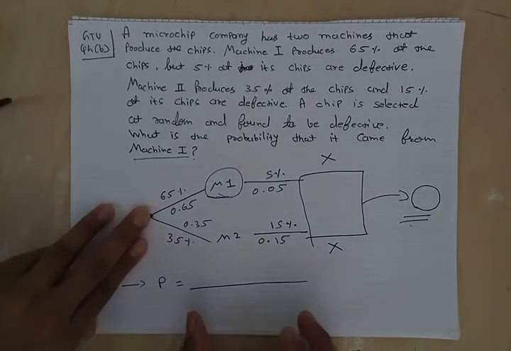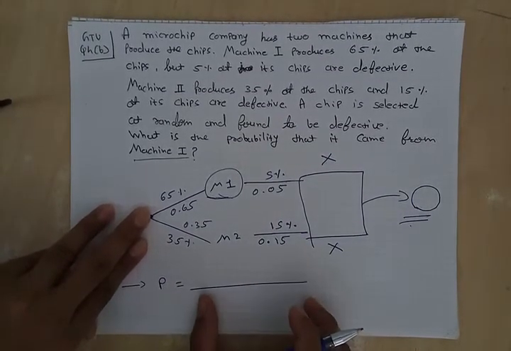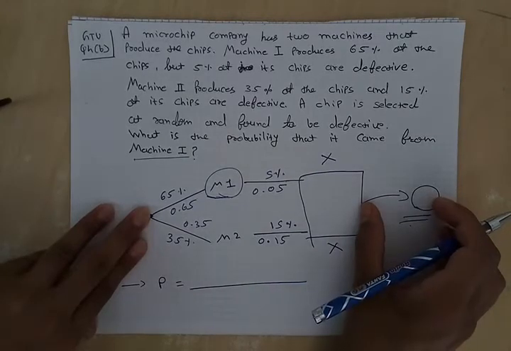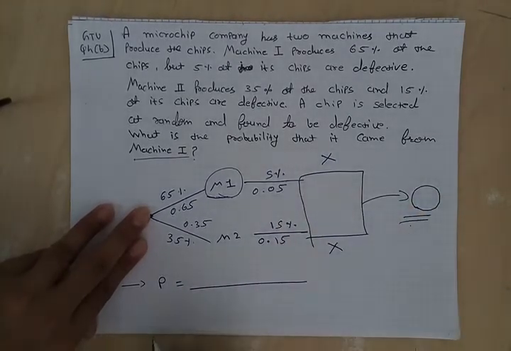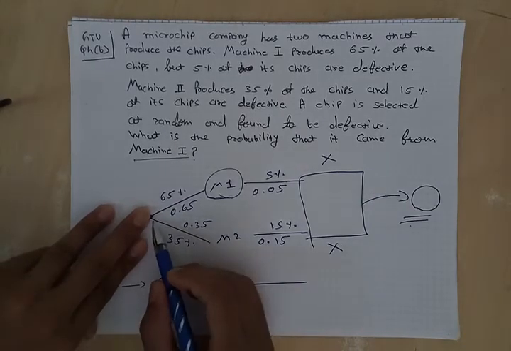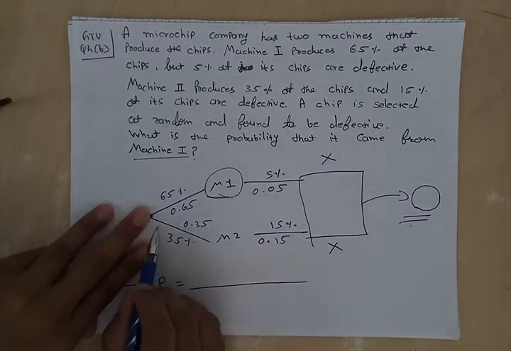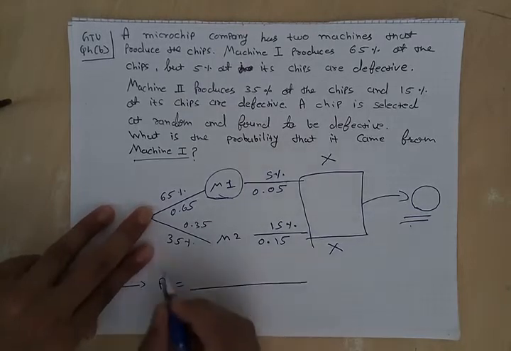So in how many ways can a chip that we pick from this total be defective? It might have come from machine 1 or it might have come from machine 2.